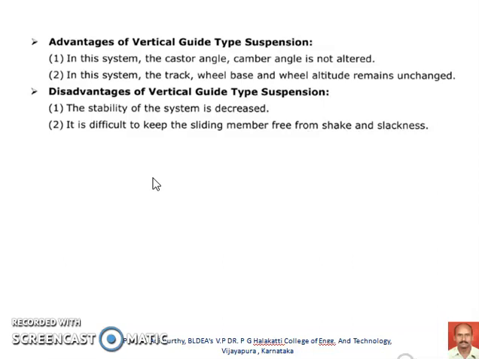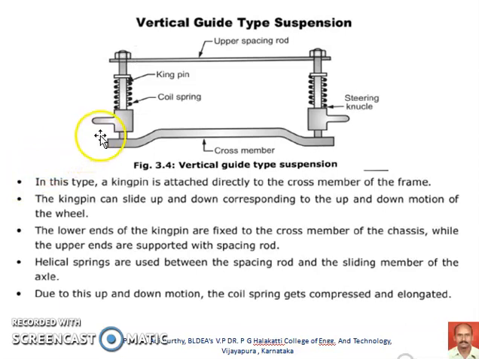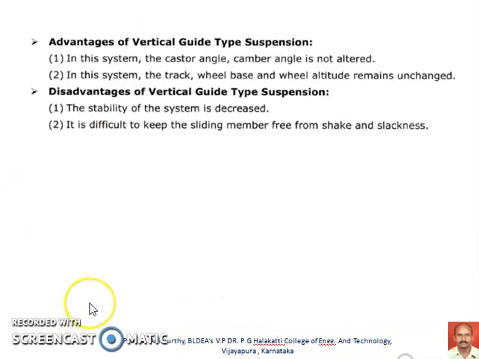As we observed here, there is a member which will be continuously sliding due to the road irregularities, and this sliding of this member cannot be completely arrested because of some slackness. There will be continuous vibration or up and down motion, because even small road irregularities will make it move up and down. This is one of the disadvantages of this vertical guide type suspension system as listed here.